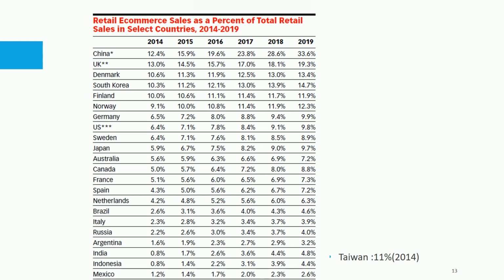The other countries show a steady increase in the percentage of retail e-commerce sales over the years. For instance, the US grew from 6% in 2014 to 9.8% in 2019. And Taiwan had 11% in 2014.